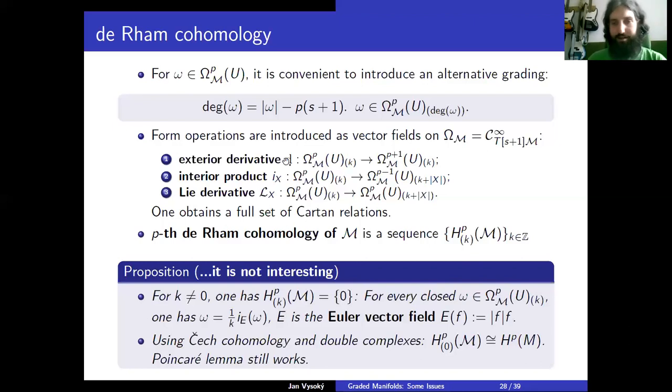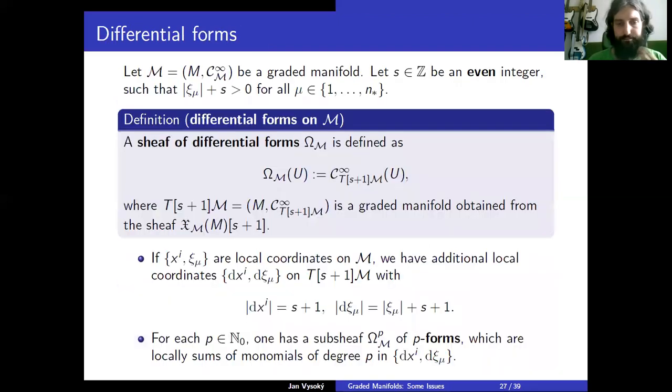Jan, can I ask a question? Of course. So this omega that you defined, it should now be interpreted as the graded analog of the sheaf of forms. But do you still keep the interpretation that the sheaf of forms is also the sheaf of sections of some vector bundle?